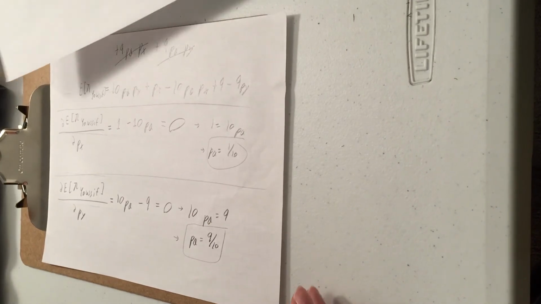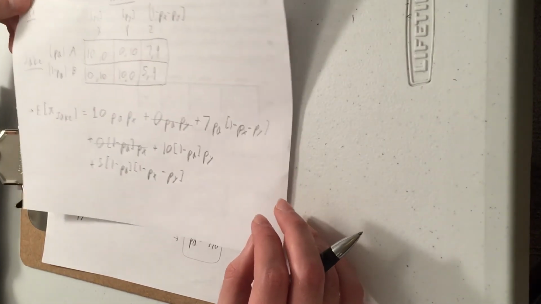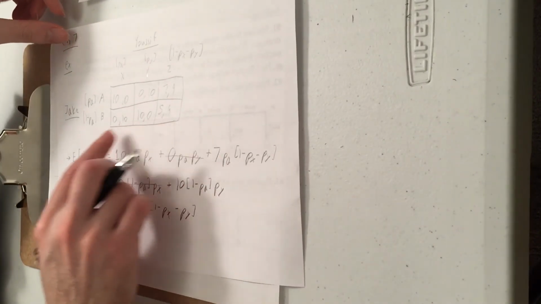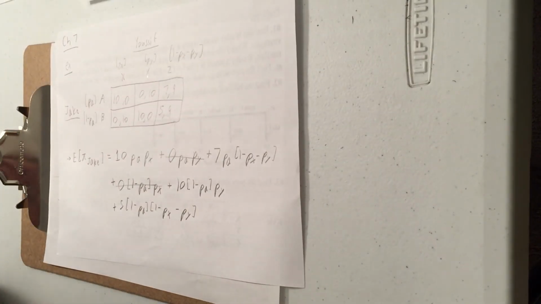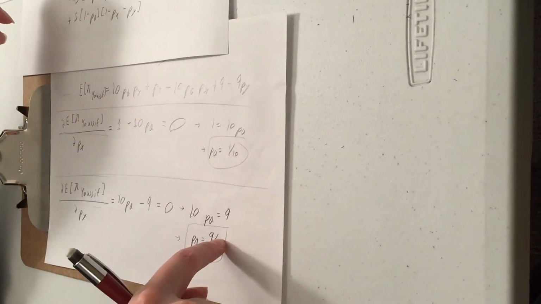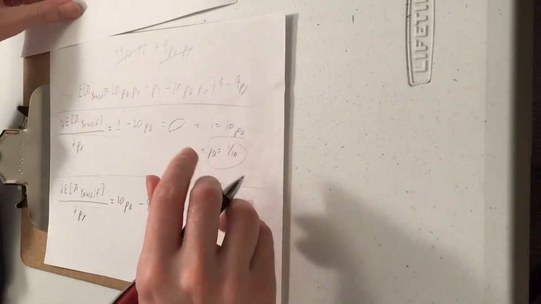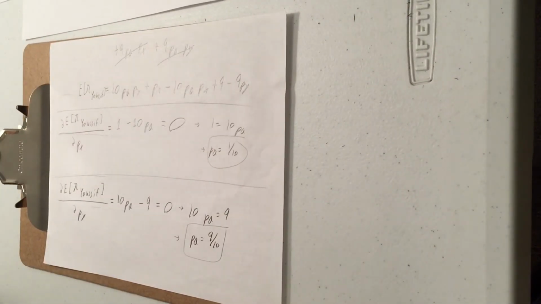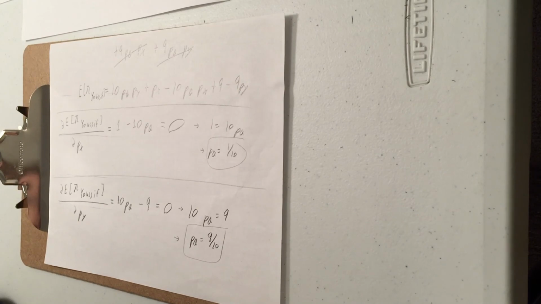What we're doing here is, Yusuf has more strategies than Jake does. So when we work through the math for Yusuf, that ends up imposing 2 conditions on one variable. Usually that's not going to work out very well.